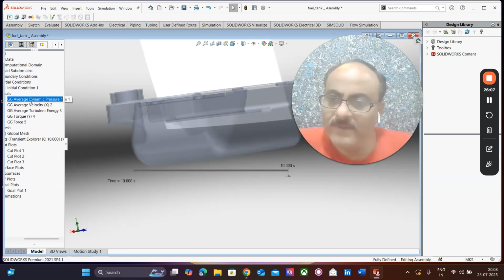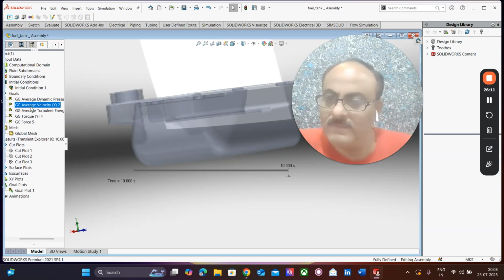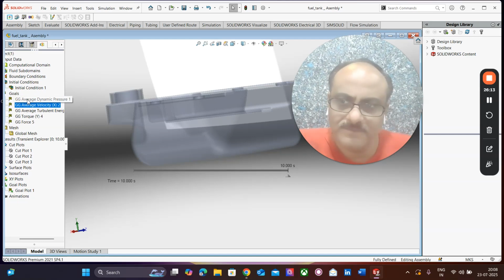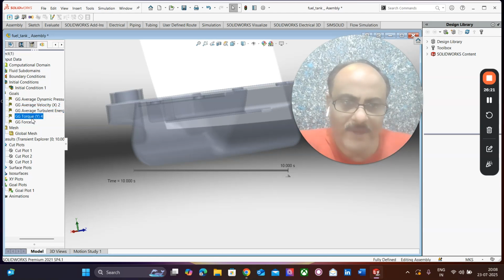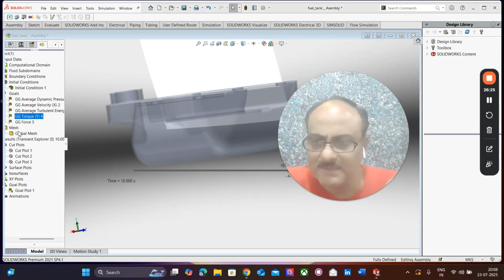Okay, now we are going to find out a few parameters. One is the average dynamic pressure. Then we have the turbulent energy also. Then we need to find out the torque and the normal forces that are going to act.